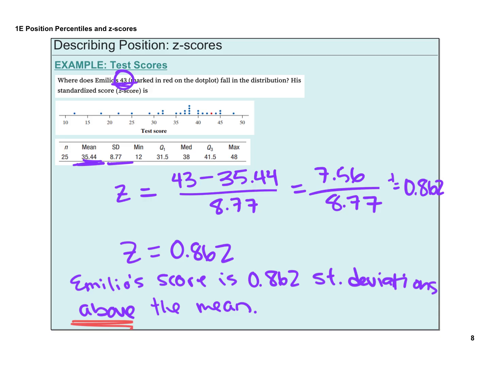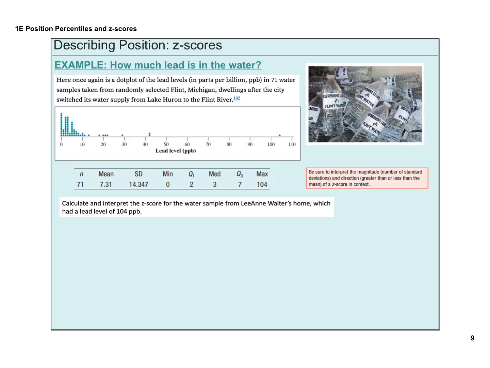So let's come back to our lead in the water example, and we are going to now calculate and interpret the z-score for a water sample from Leanne Walter's home, which had a lead level of 104. She's the one that's way up here, and that looks like a problem. We're going to use the mean and the standard deviation to calculate how far she is.